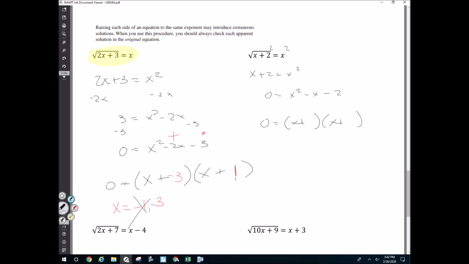What are the two numbers that add to get -1 and multiply to get -2? -2 and 1. That gives me the solutions of -1 and 2, only one of which works. Graph and check.